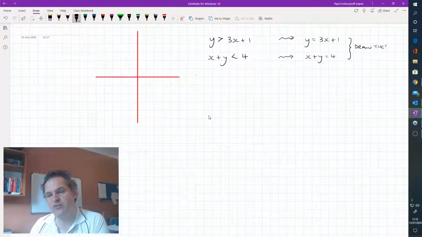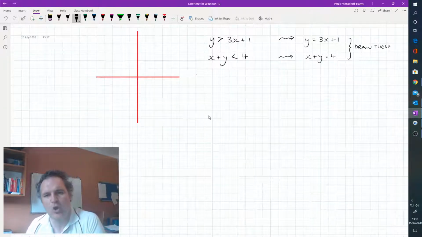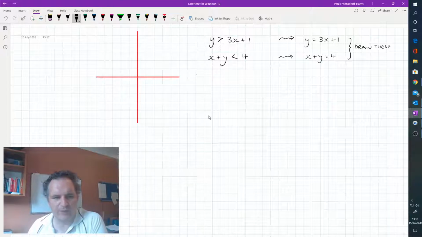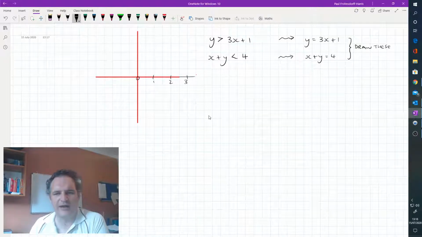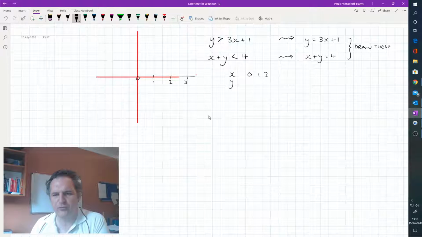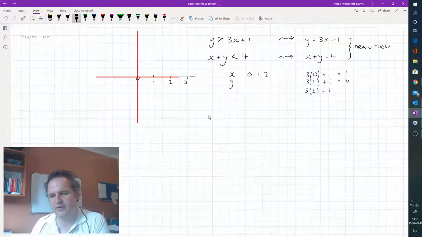Then we work out which side of the graph we want. So first of all, y equals 3x plus 1. I'm going to put 1, 2, 3 and 0, and I'm going to go x, y nice and quickly, 0, 1, 2. So 3 times 0 plus 1 is 1. 3 times 1 plus 1 is 4. 3 times 2 plus 1 is 7.